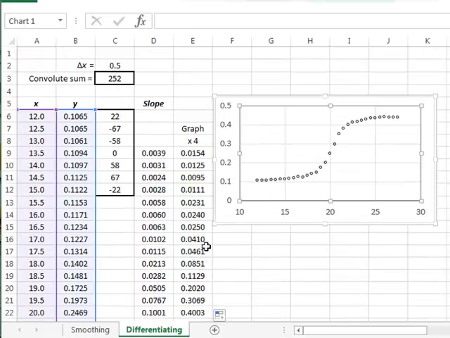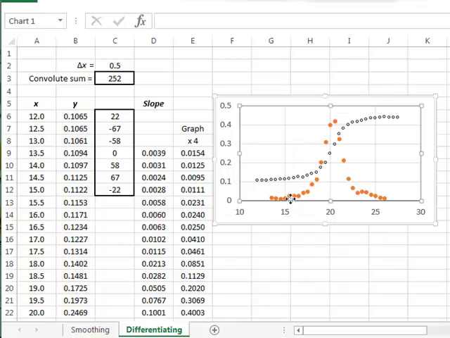And now we can add that data to our graph, and we can see here the values plotted for the slope of the graph at each point. And we can see clearly that the maximum slope occurs at a point between the x values of 20.0 and 20.5.